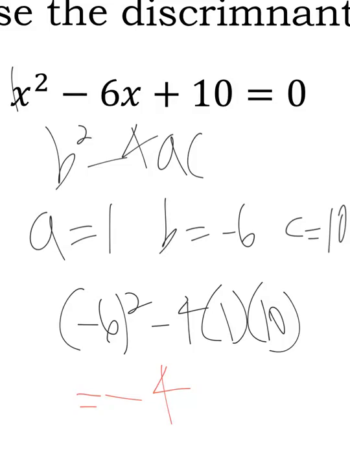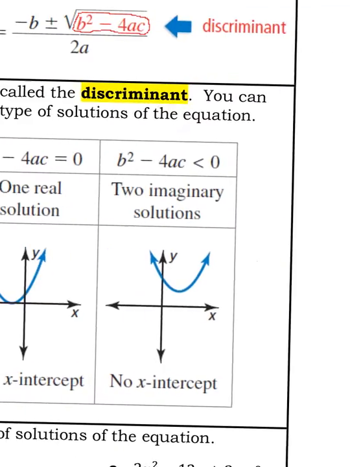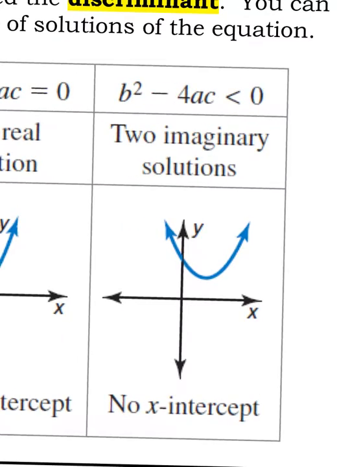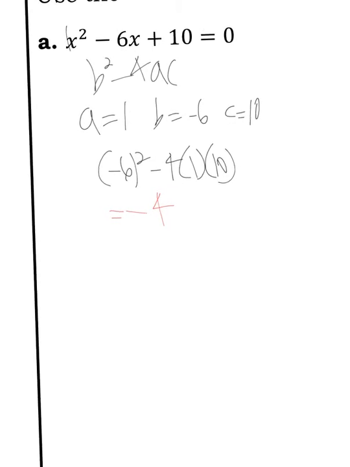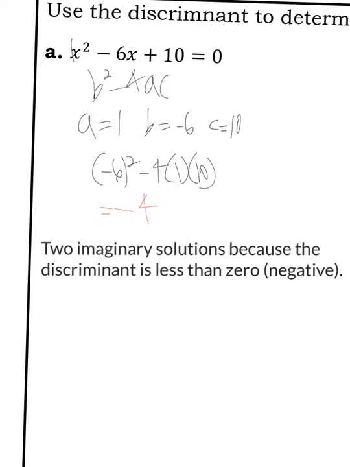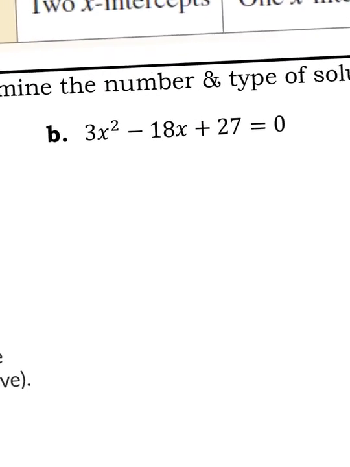Since it's negative, you're going to have two imaginary solutions, or no x-intercept at all. So that's what I wrote right there: two imaginary solutions because the discriminant is less than 0, or because it's negative.